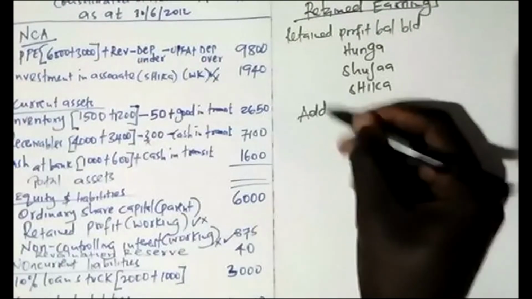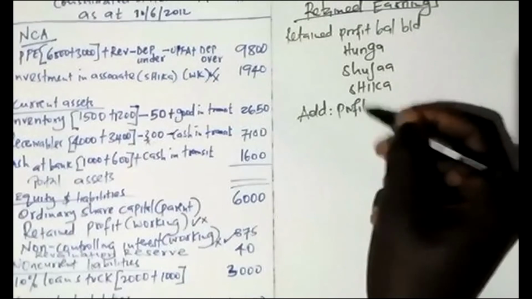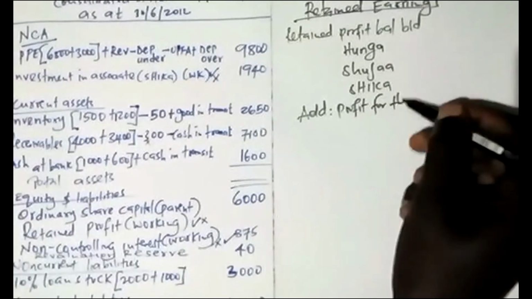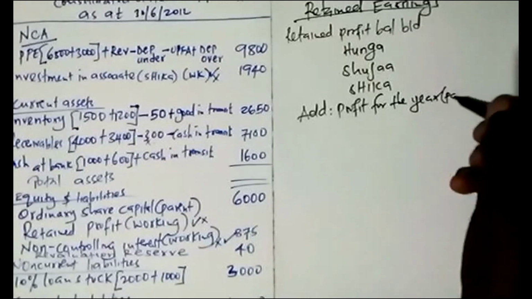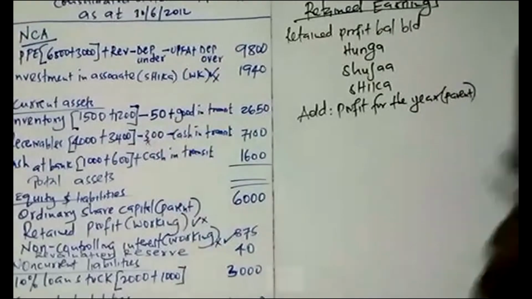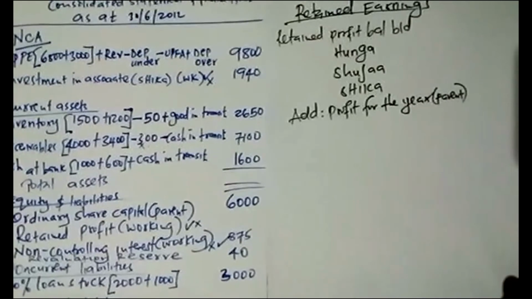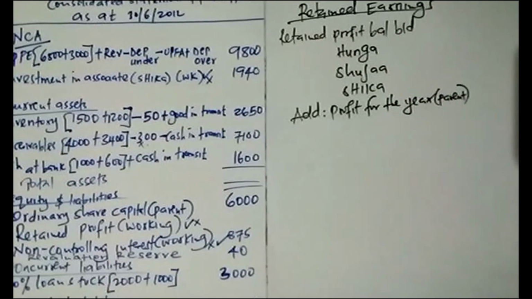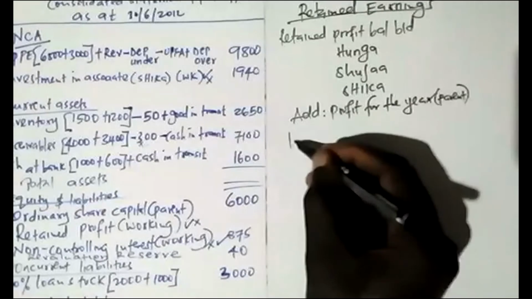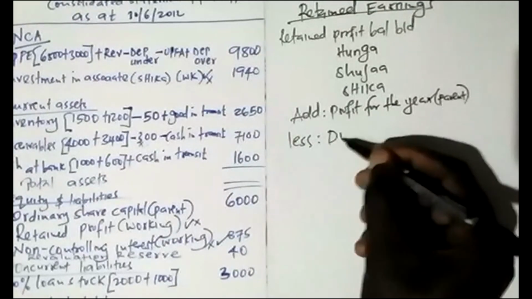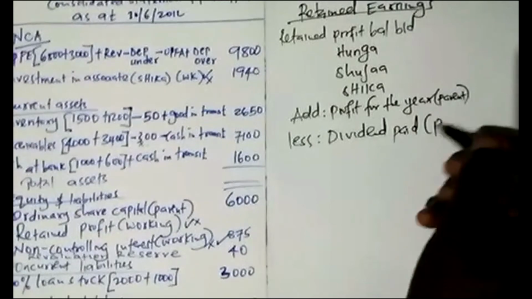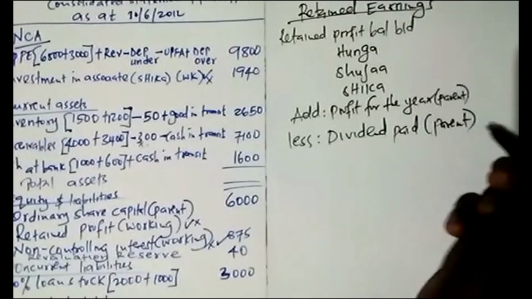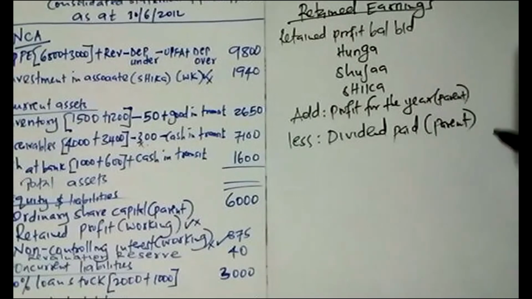Then you add profit for the year, for the parent, from the one we got under the income statement, which we just prepared. After that, we raise dividends. Dividends paid by who? Parent. That is fine.